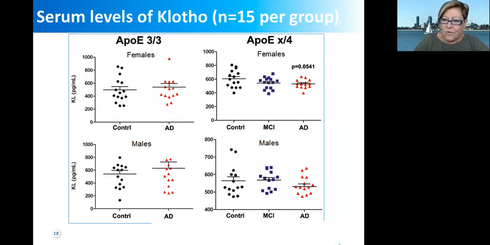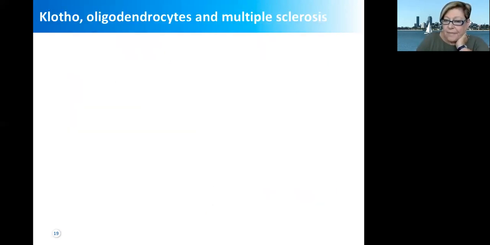In ApoE3, both females and males, we didn't see a difference in the levels of Klotho. But in those with at least one allele of ApoE4, we saw that AD have less than MCI and less than control. This was only true for females and not for males for some reason. But the samples were very small, only 15 patients. So this needs to be confirmed with a larger group of people.